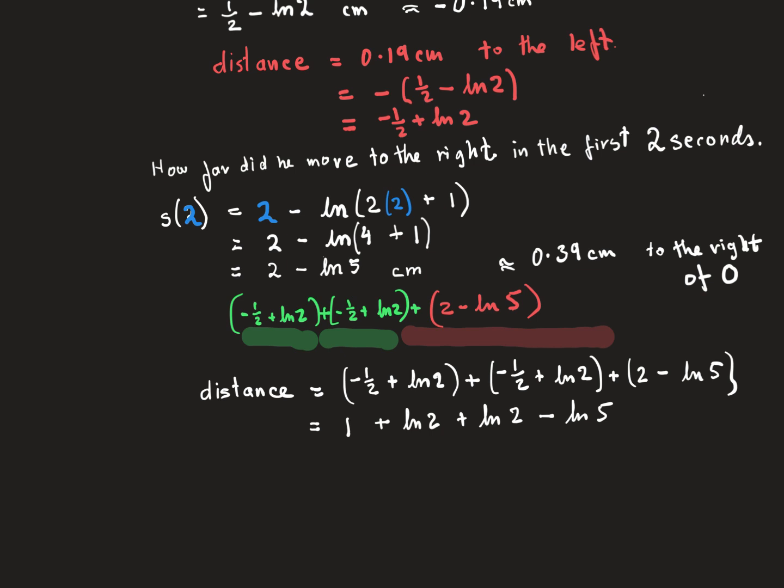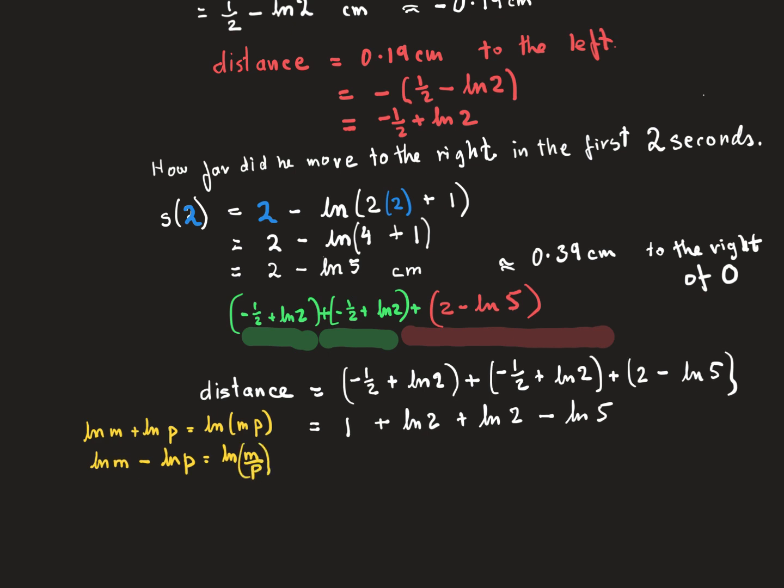If you go to our log rules, you'll discover that, for instance, ln m plus ln p really is ln of m times p. Okay, and ln m take away ln p is equal to ln of m divided by p.